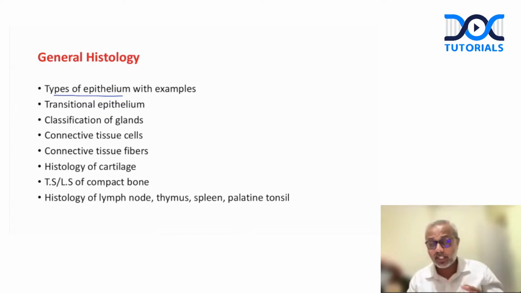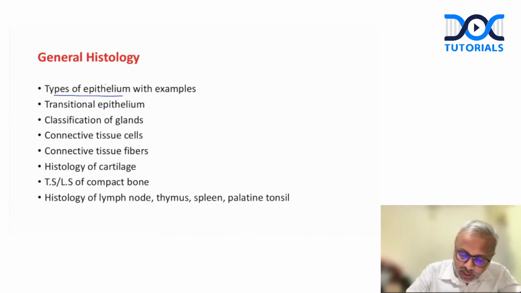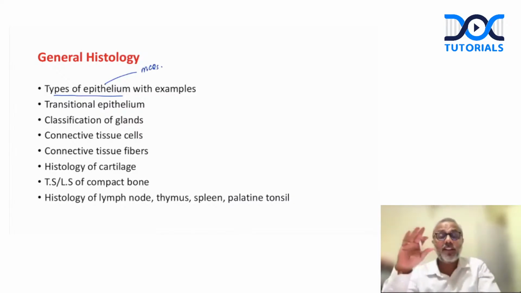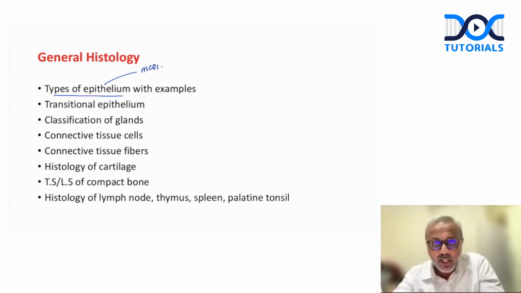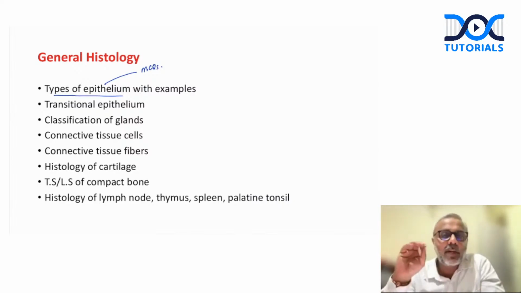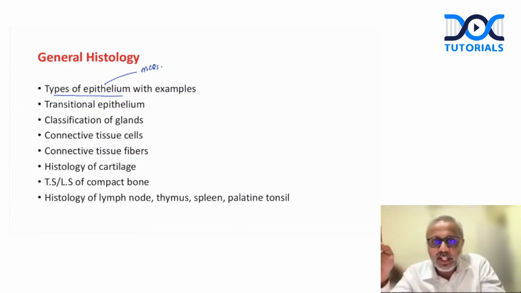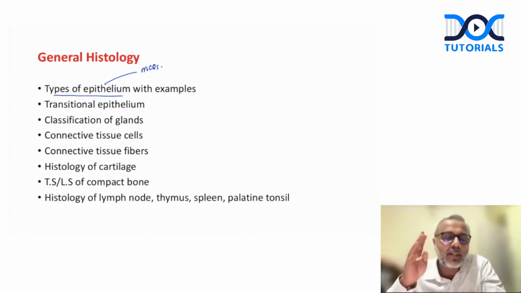Now, you will not get short essays or short answers on this, but you will get plenty of MCQs, right? They will give a particular organ or a particular tissue. They will ask about the lining epithelium, the covering epithelium, or what epithelium lines the glands. Types of epithelium with location and examples is a very important MCQ.